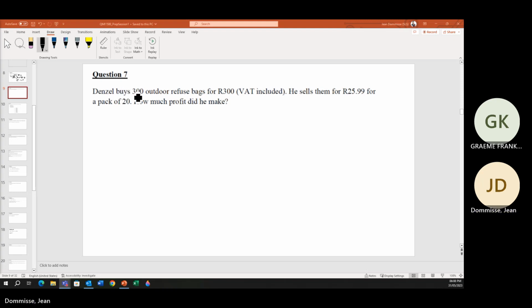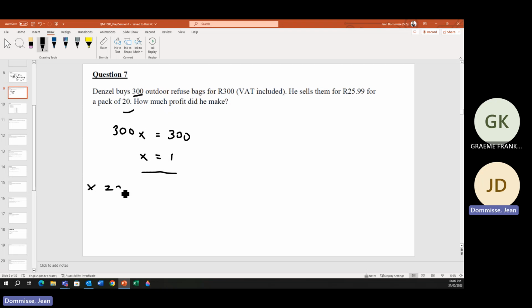Okay, so if he buys 300 bags for 300 rand, it feels to me that he is buying each bag for 1 rand. So if he packaged 20 of them, I would have just said multiplied by 20. So 20 of them should be the value of 20 rand.